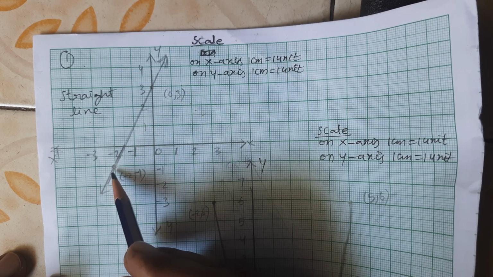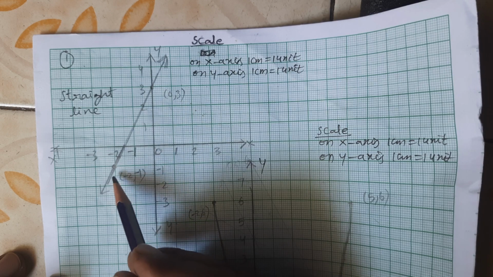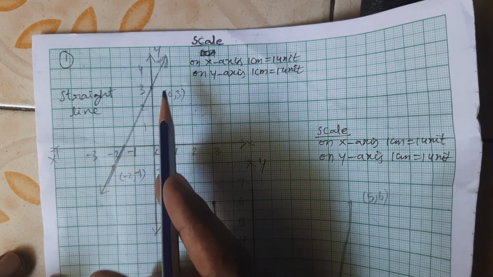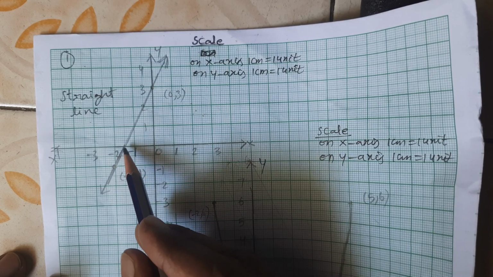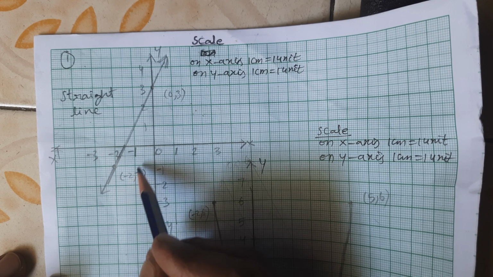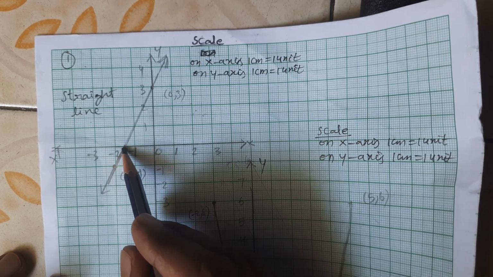If you know any 2 points, you can join them with a scale. You can extend it on either side, that side and this side, both sides. Where it cuts the x-axis, between -1 and -2, it is cutting.